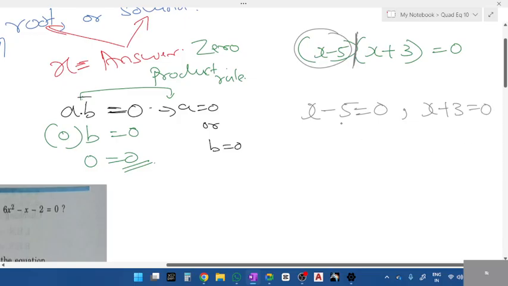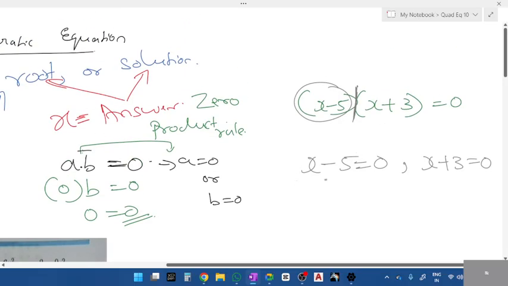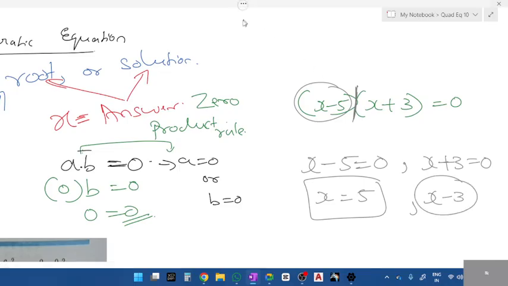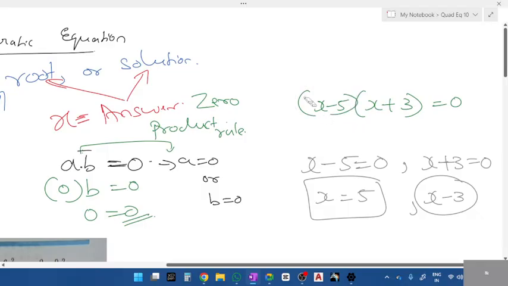You'll have two equations, so you'll have two answers. If minus 5 goes to the other side, it becomes plus 5. And if plus 3 goes to the other side, you get minus 3. So how many answers did we get for the value of x? 2, right? 5 and minus 3.